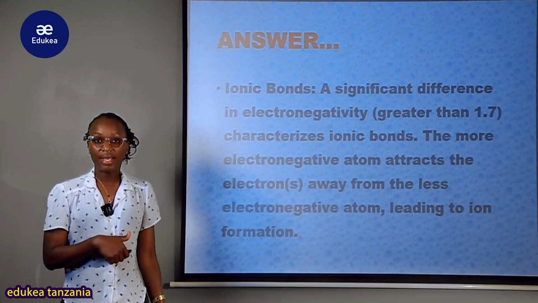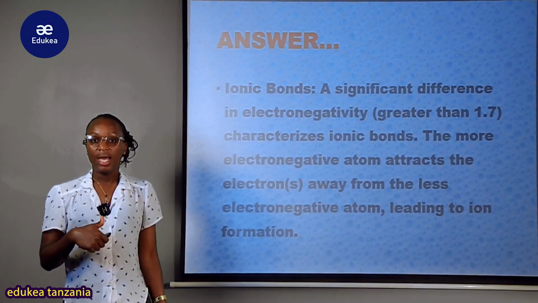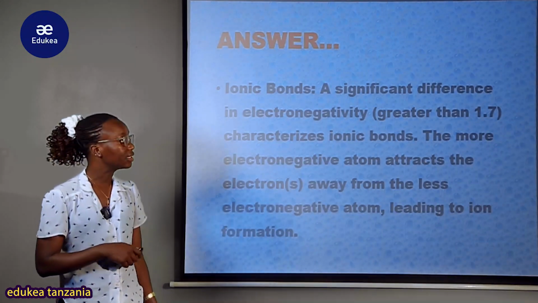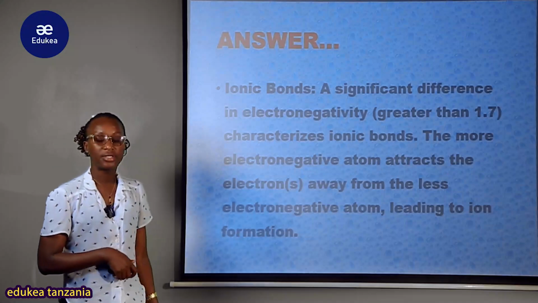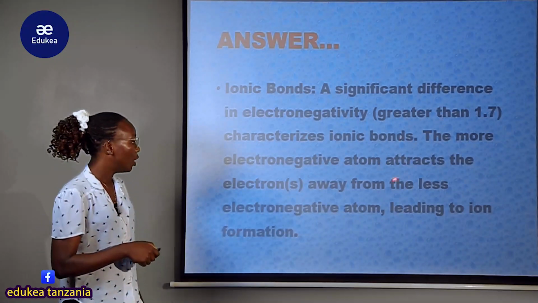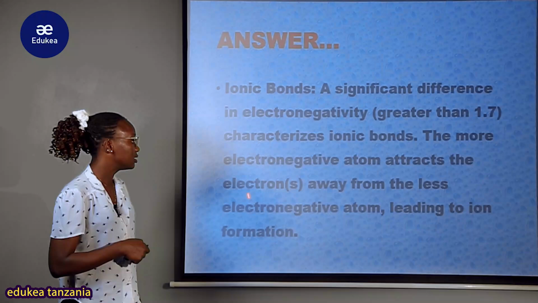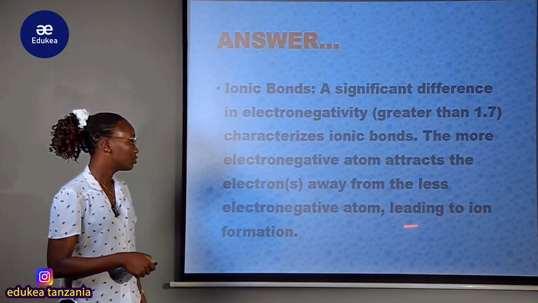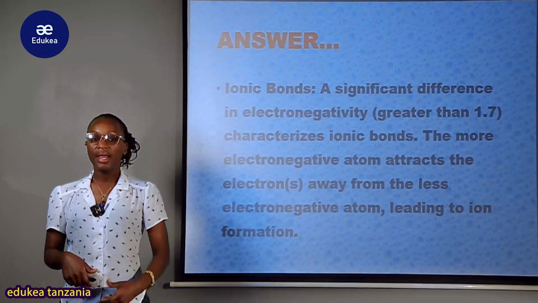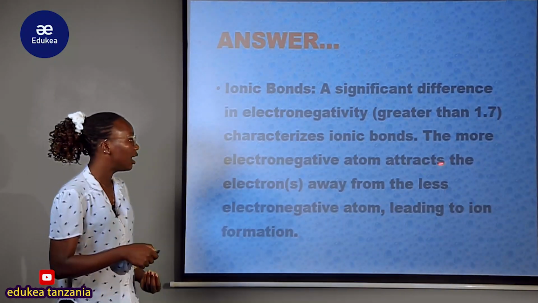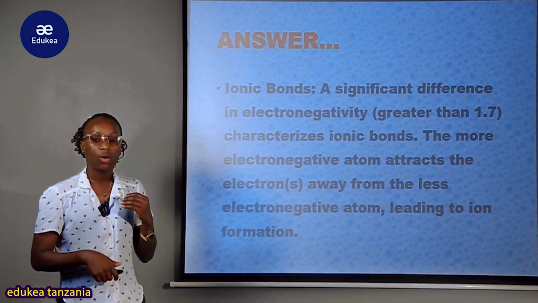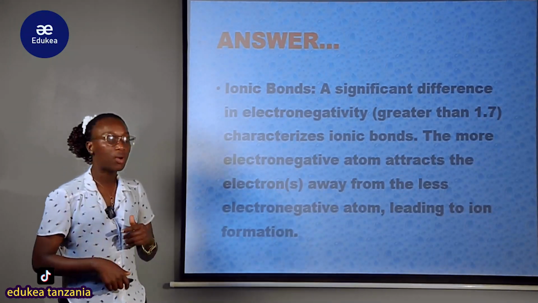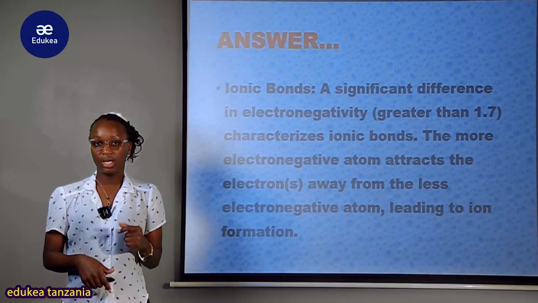Kwamba tunaona ya covalent, tunaona kwamba electronegativity ya ionic bonds or electrovalent compound ni greater than 1.7. The more electronegative atom attracts the electron away from the less electronegative atom, leading to ion formation. Kwamba ile ambayo inakuwa na electronegativity kubwa, it tends to attract electron away from that one with less electronegativity.